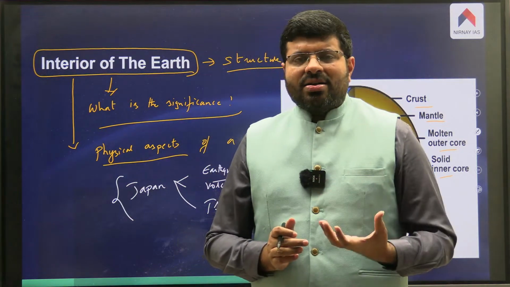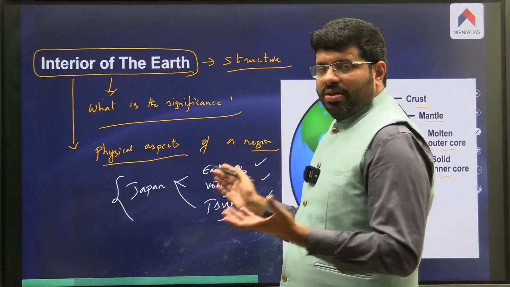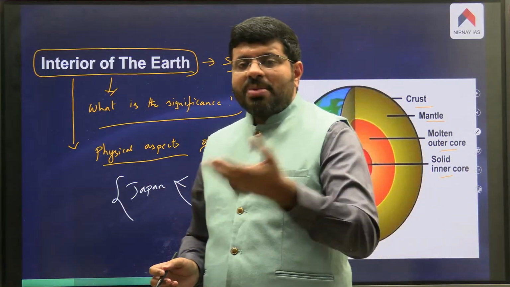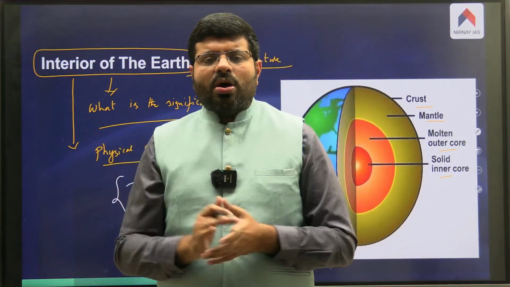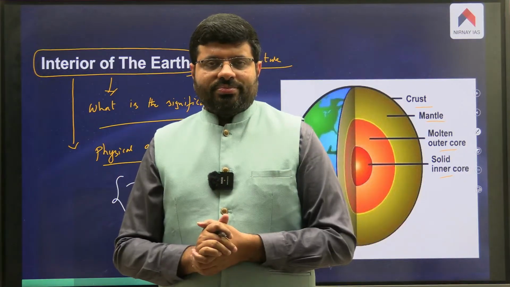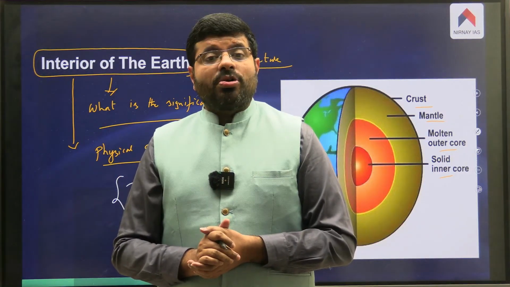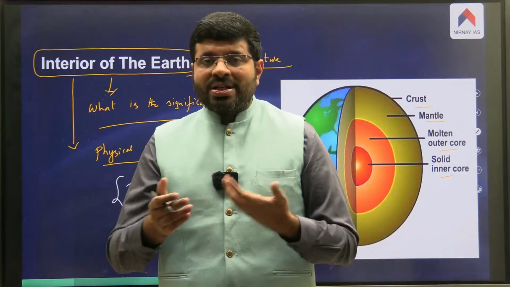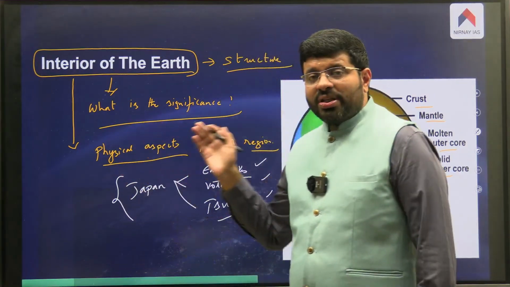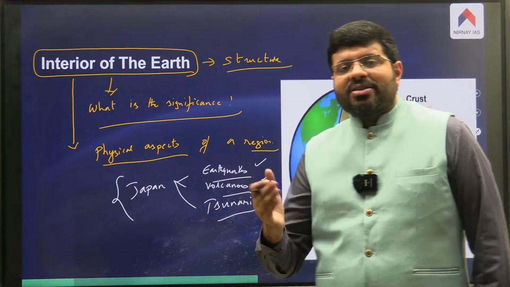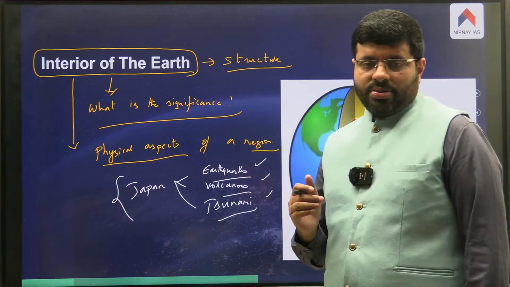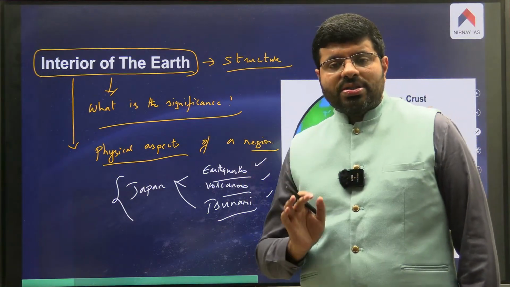The crust of peninsular India has a stable portion, a large stable block, which we call a craton. That's why we don't have many earthquakes. So what is explaining that? Once again, the interior of the earth. That is the reason why we are learning about it. Am I clear, all of you, on this?